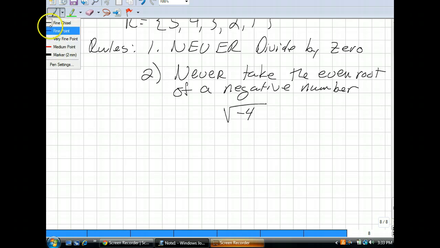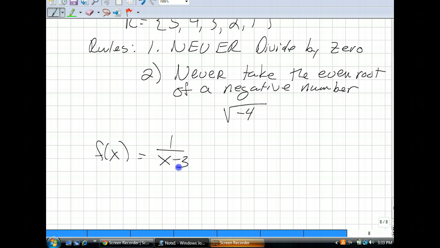For example, if I have a function f of x is equal to 1 over x minus 3. Notice that if I put 3 in for x right here, that will break rule number 1. That will give me a 0 in the denominator. Okay? We can't do that. So we have to eliminate 3 from the domain.